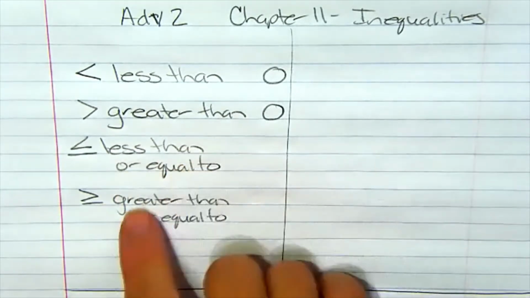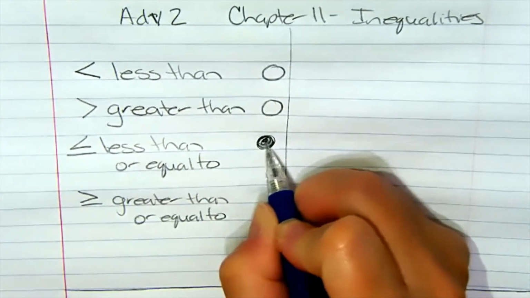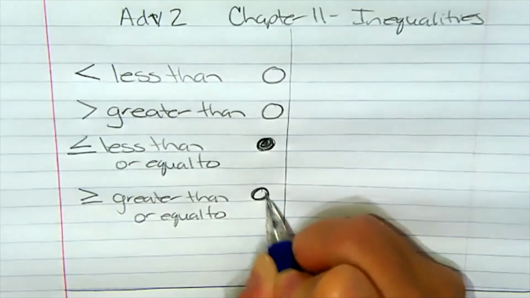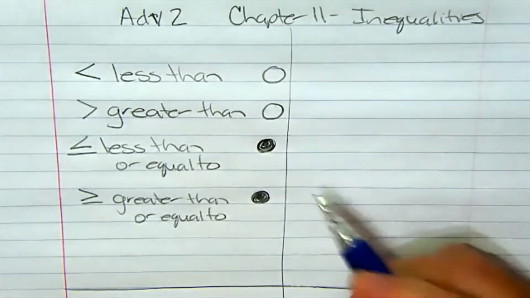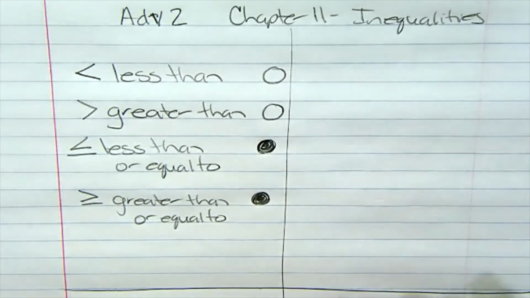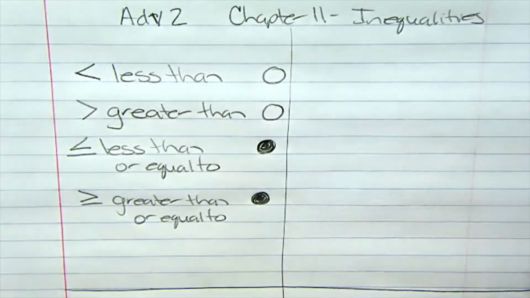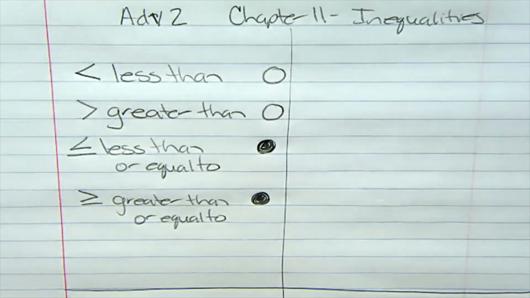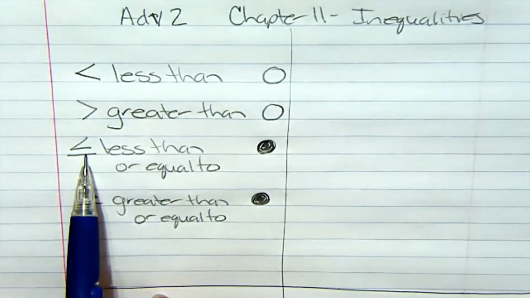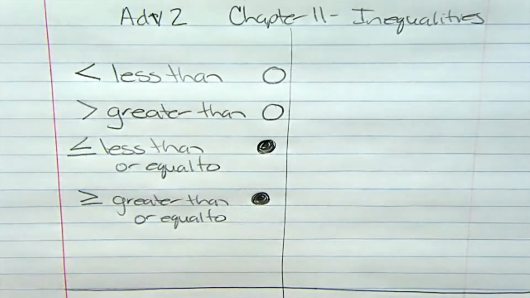Less than or equal to and greater than or equal to were closed circles, because closed circles show this is where the solution set starts, and it does include this number. That equal to means includes.